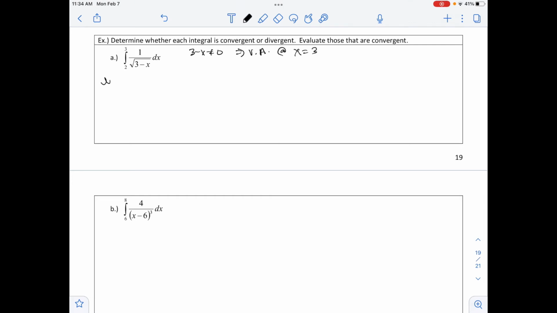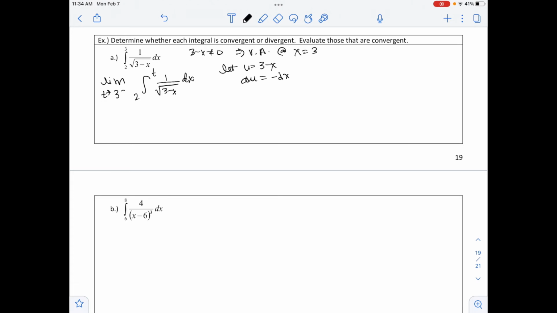And so we would have the limit as t approaches 3 from the left of the integral from 2 to t of 1 over the square root of 3 minus x dx. To integrate this, we're going to let u equal 3 minus x, du equal negative dx.